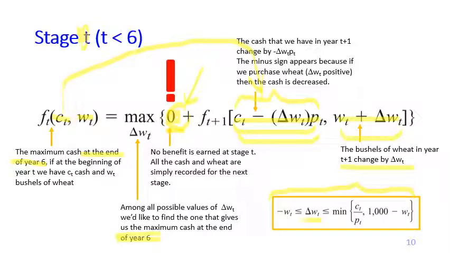I keep on emphasizing at the end of year 6 to let you get the sense of why we write down 0 here, because what we want to do is maximize the cash at year 6. So at any year before year 6, we don't earn anything at the stage itself. Whatever we earn is recorded for the next stages.